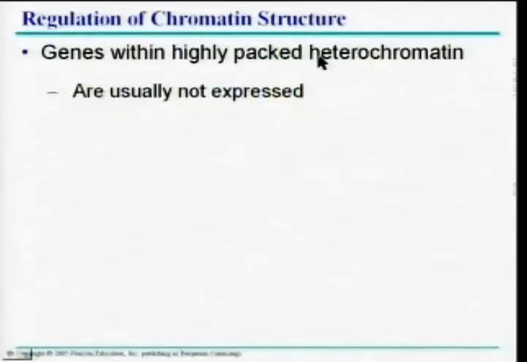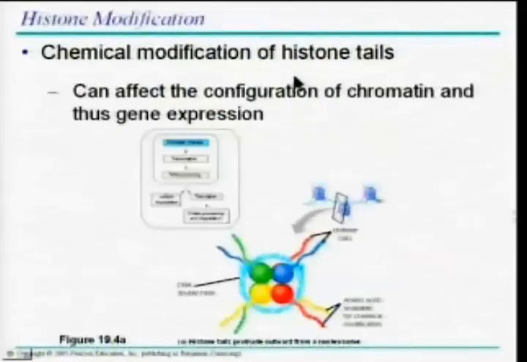The gene expression molecules can't get to the DNA. Those genes are turned off. Histone modification is part of what must occur for this process of making the DNA available or unavailable for expression within a particular cell.